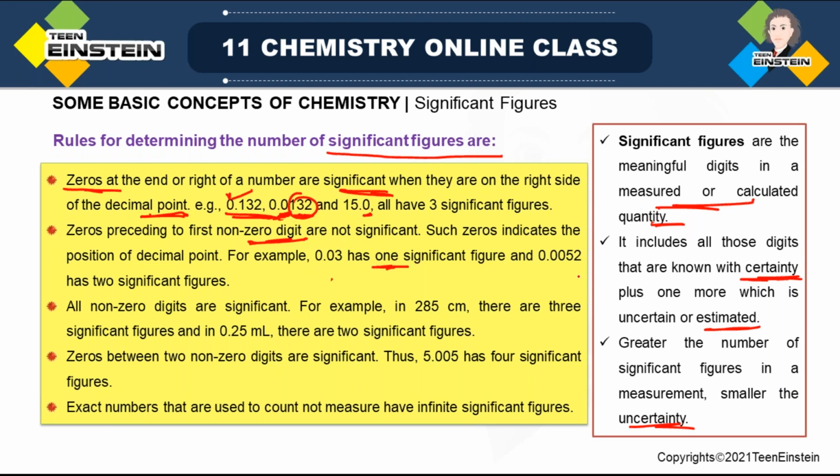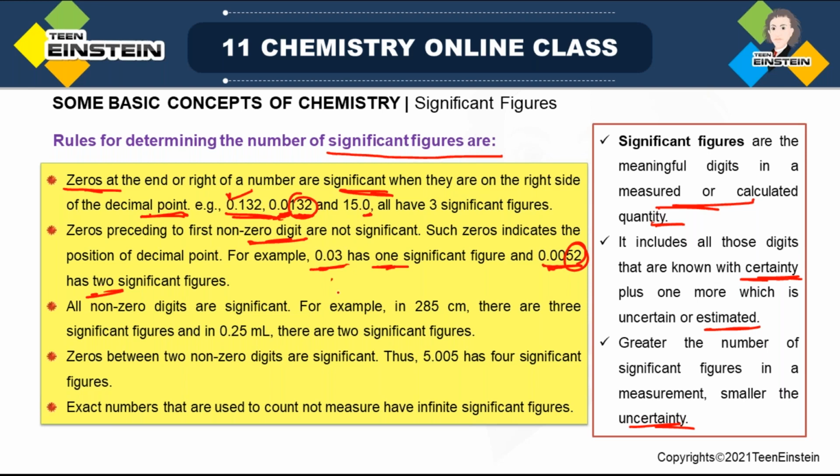But for the other number 0.0052, you can find some similarity. Here also after the decimal we have two zeros and then we have the digits 5 and 2, but only 5 and 2 will be considered as significant. So that is why the number of significant figures is 2. So these zeros precede the first non-zero digit.